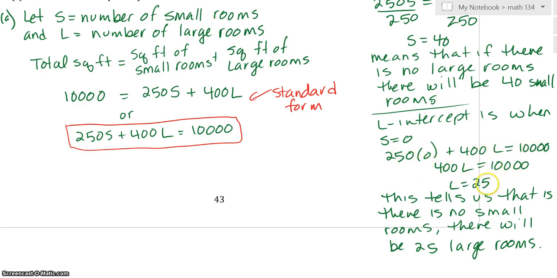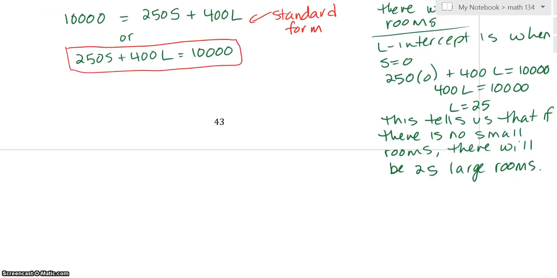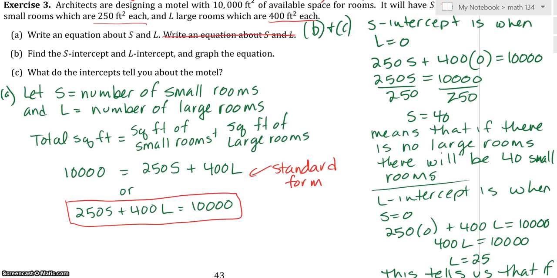Dividing both sides by 400, you get 25. What does this tell us? This tells us that if there are no small rooms, there will be 25 large rooms. That's what that tells us. So that answers exercise 3.